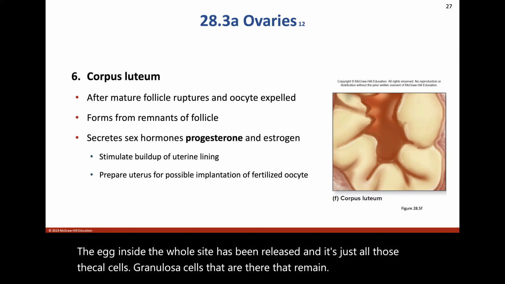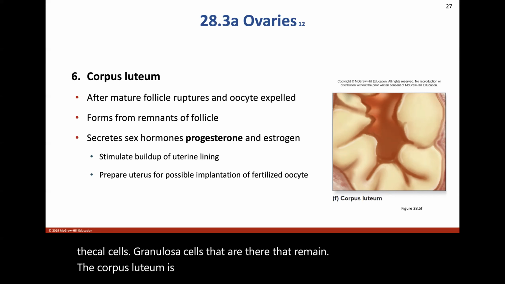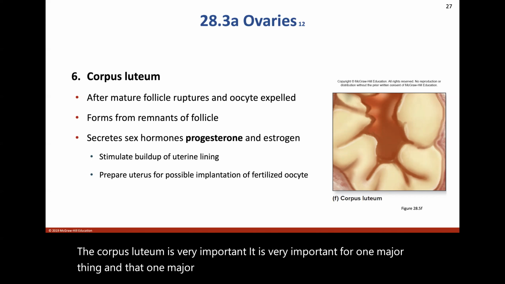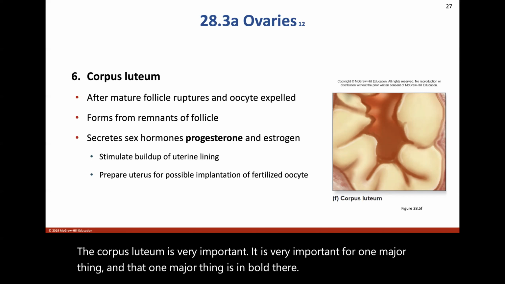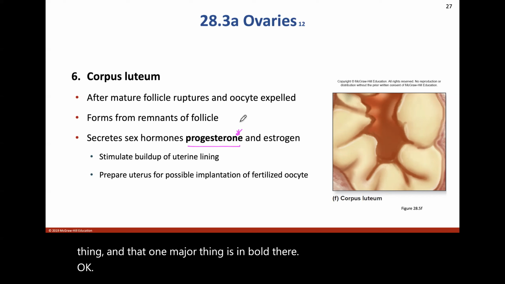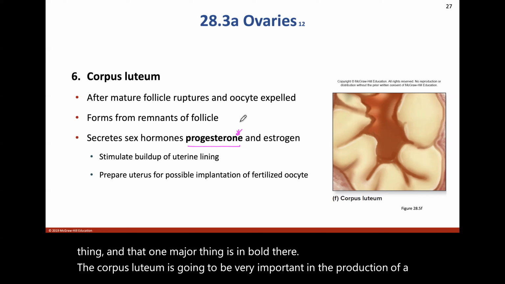The corpus luteum is very important. It is very important for one major thing, and that one major thing is in bold there. There it is. Okay. The corpus luteum is going to be very important in the production of a sex hormone called progesterone.